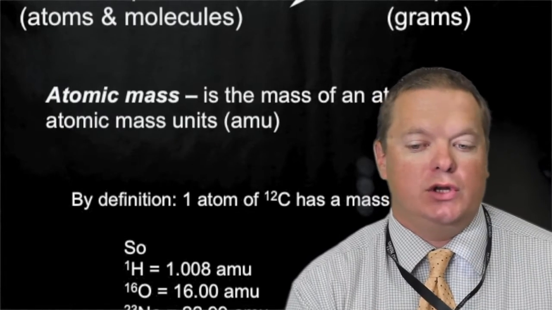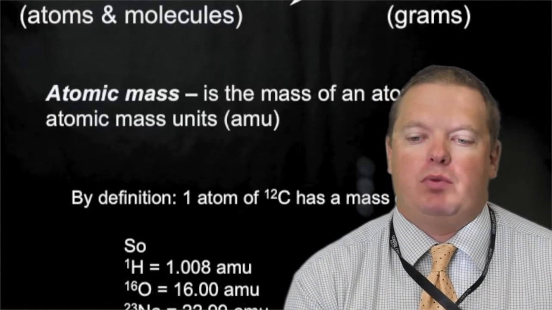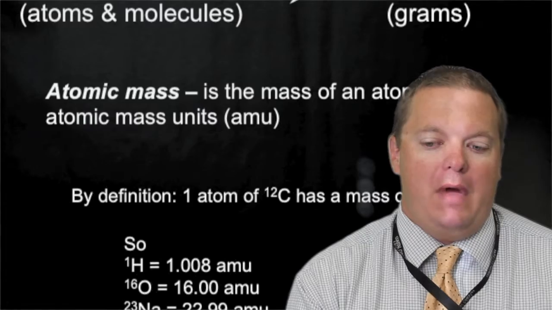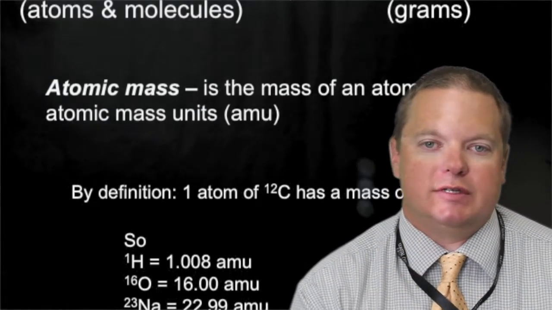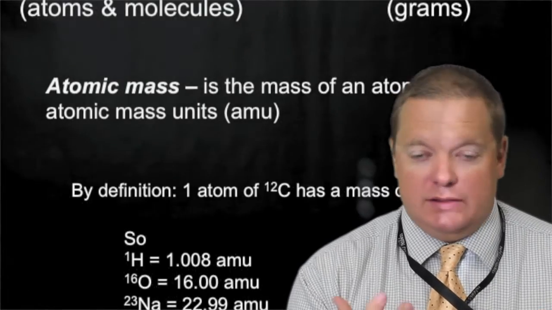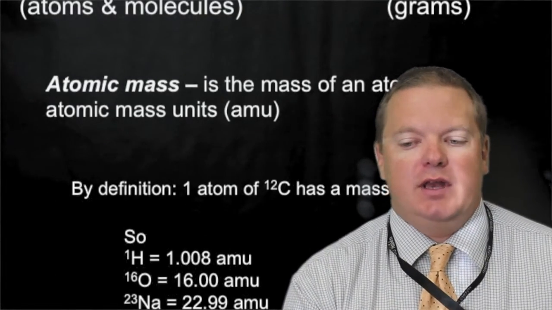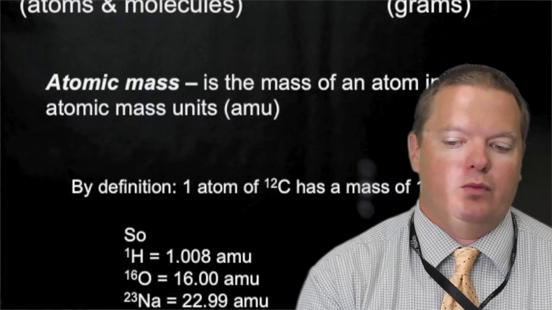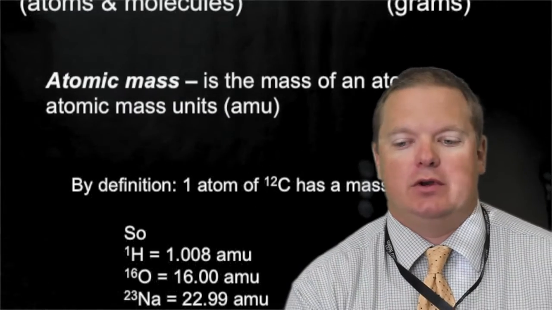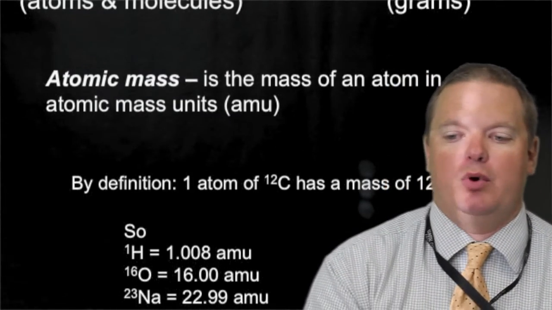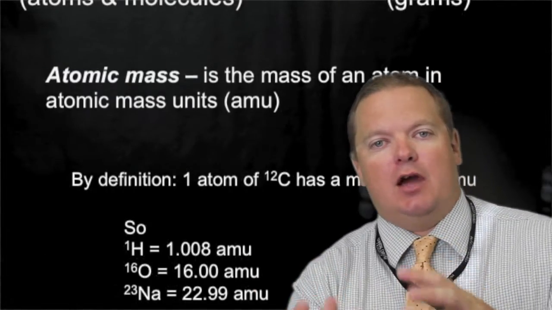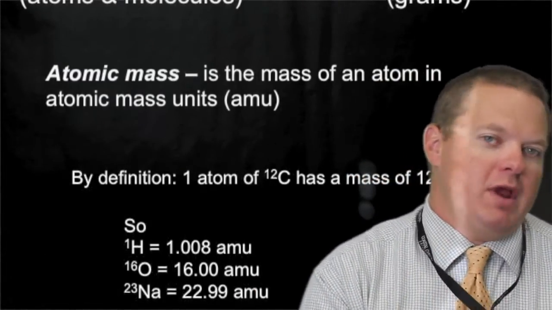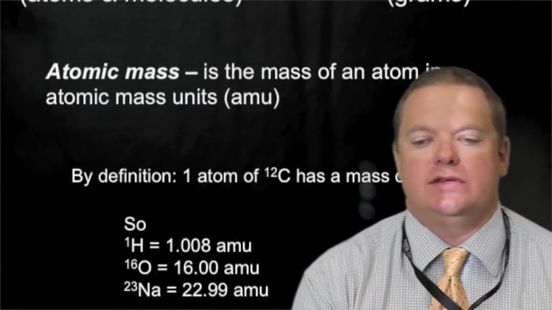For example, regular hydrogen with only the one proton has an atomic mass of 1.008 AMUs. Oxygen-16 has a mass of 16 AMUs, and sodium-23, that isotope of sodium, has a mass of 22.99. So now we can look at that atomic symbol and know how much it weighs based on this definition.